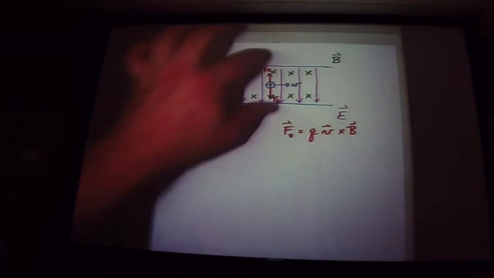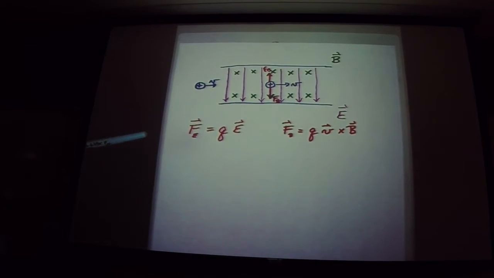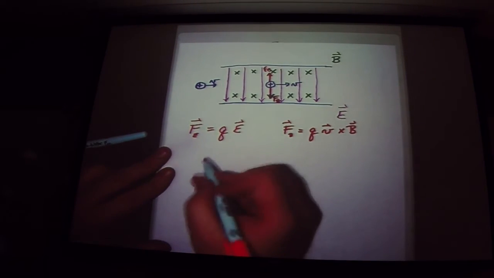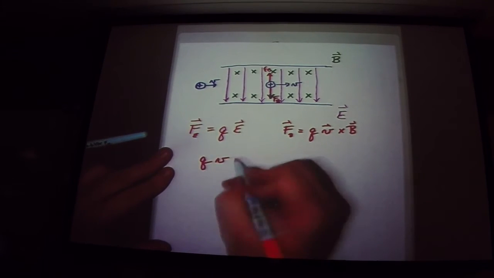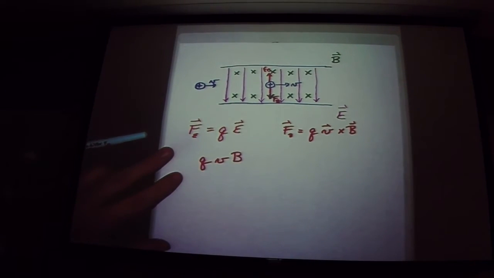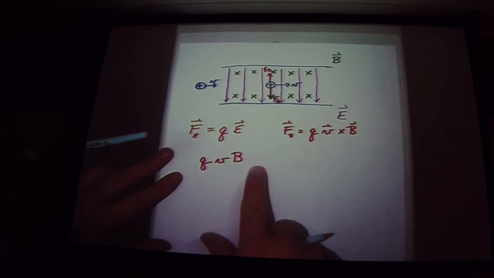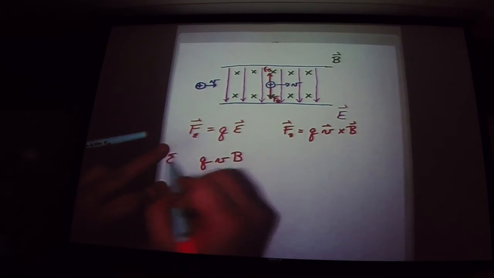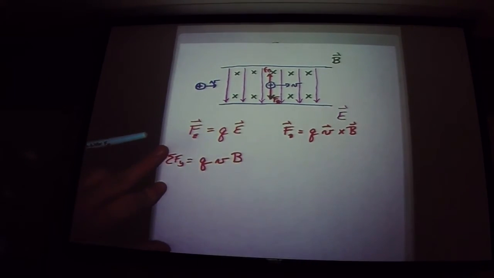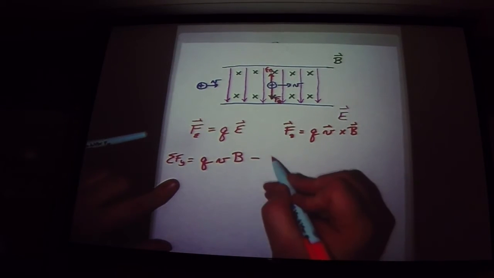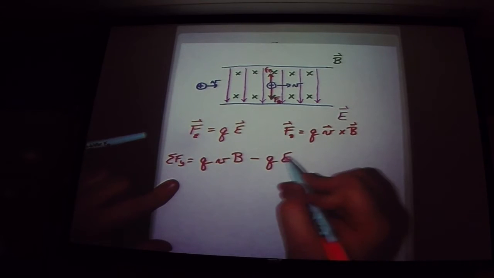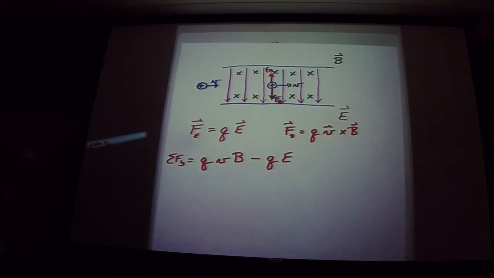So if I looked at the total force on this object, what we have is this would be Q V B, because it's in a positive y direction, so the sum of the forces in the y direction in this case is QVB minus QE.